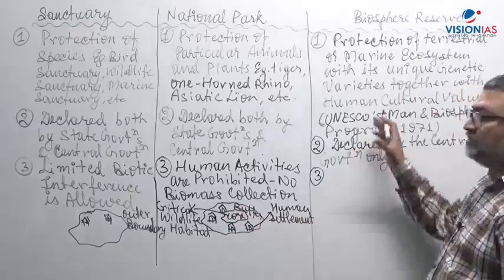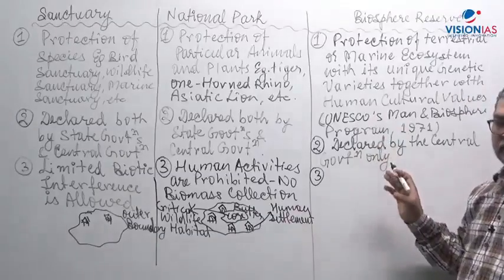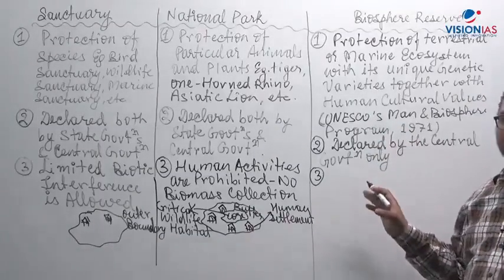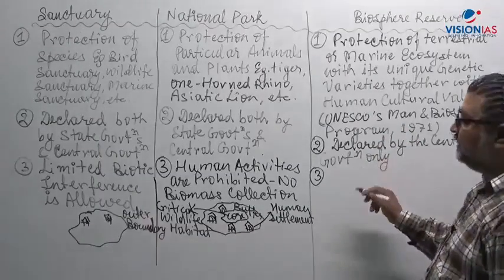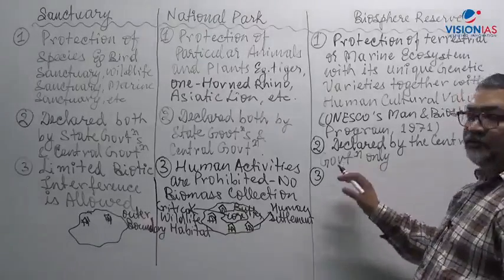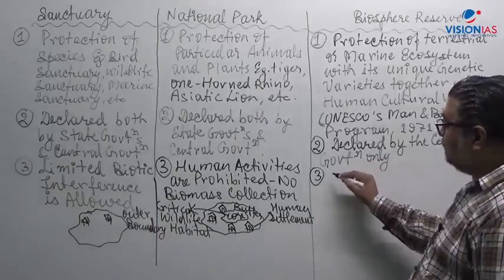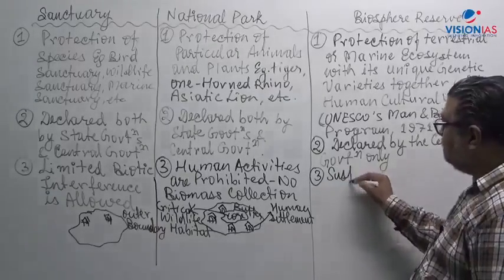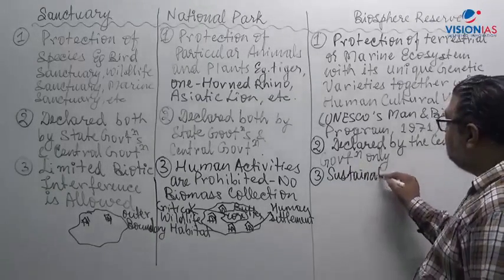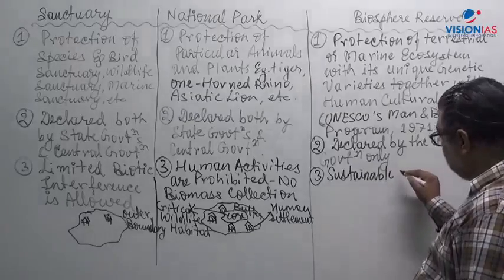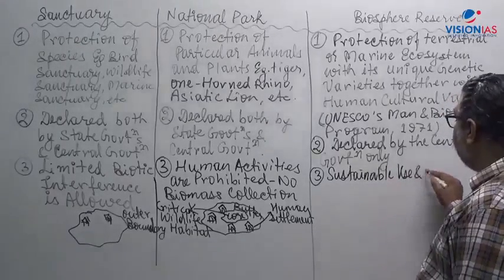Now what comes here is a scientific program, the Man and Biosphere program. A biosphere reserve is under the Man and Biosphere program. Now what happens in this case? Here human activities are there, plus scientific research. So here it is for sustainable use and management.